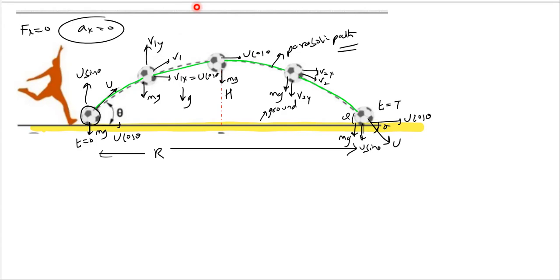So when you kick the football, what type of motion is described? Along the horizontal direction, the velocity remains constant. Along the y-axis, first it will undergo retardation, then acceleration. So what should we write here?